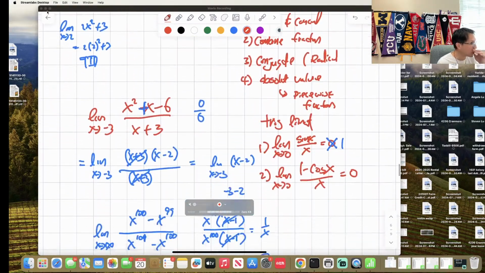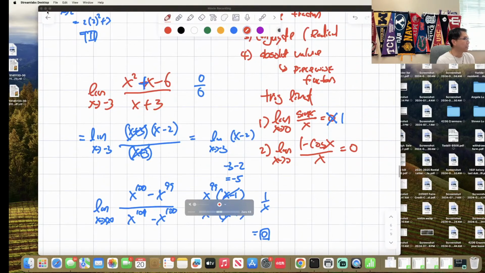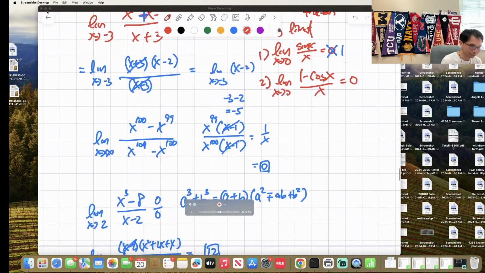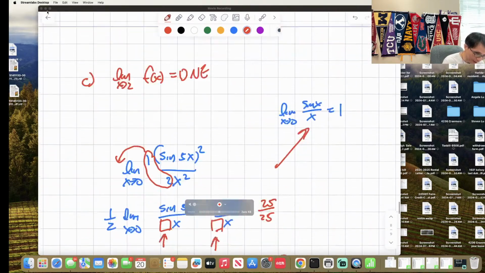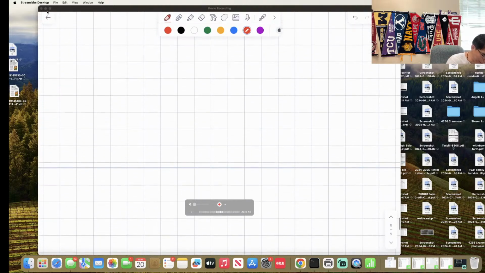Okay, I want to talk about one more thing. There are a few different types of discontinuity, right? First of all, let's talk about the definition of continuous. What is the definition of continuous? Do you guys remember?